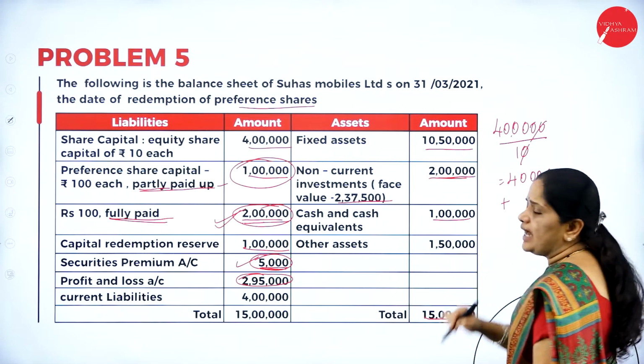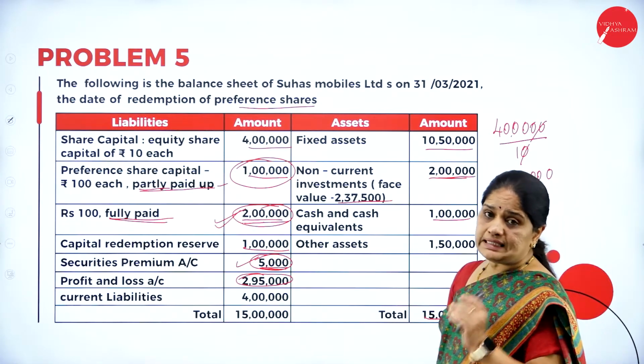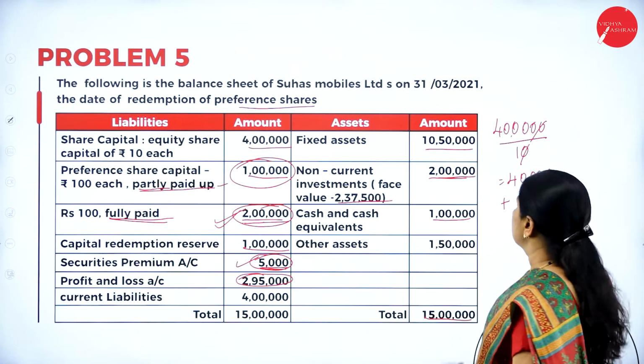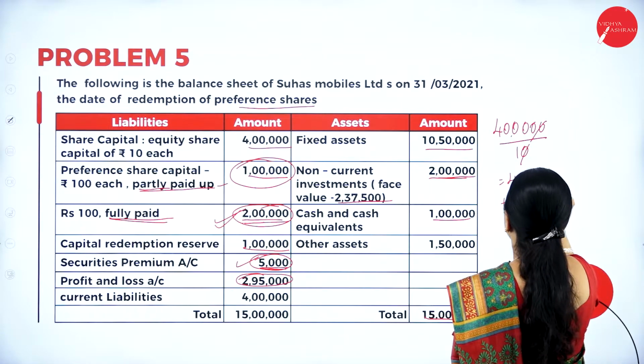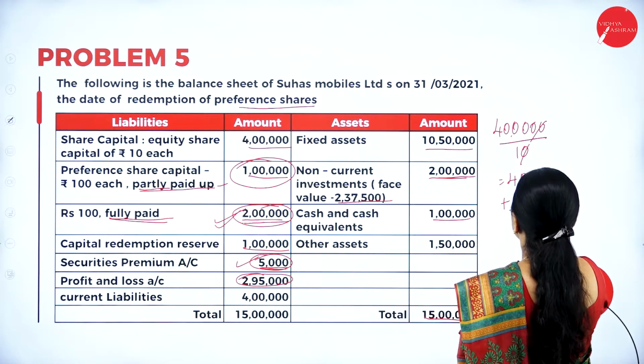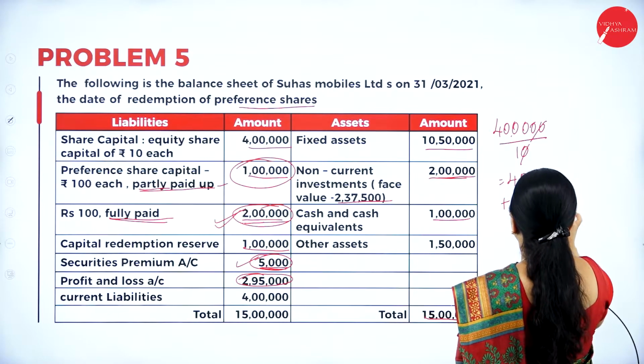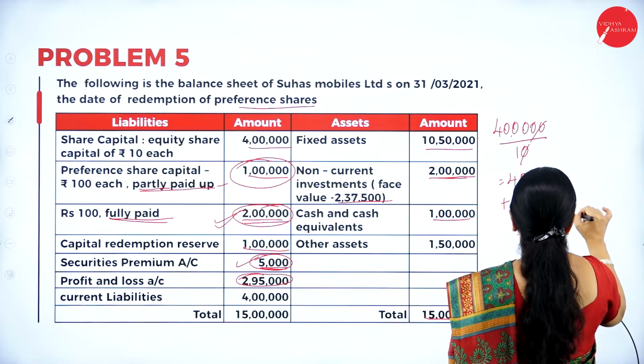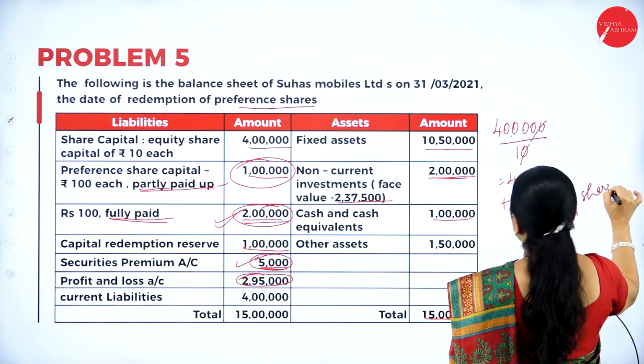Now we have a fresh issue of 5,000 equity shares for redemption. So I am adding that 5,000 here. So totally I am having 45,000 equity shares.